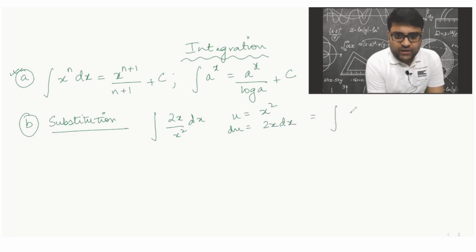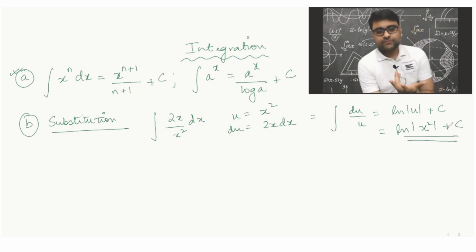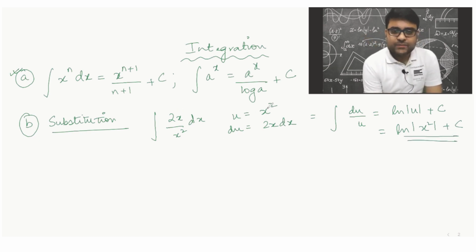So this can be written as du by u, which can be written as log u plus c, which can be written as log x square plus c, as u was x square. Correct?